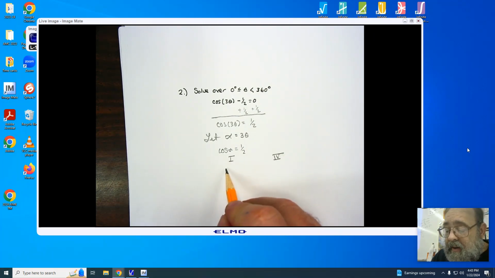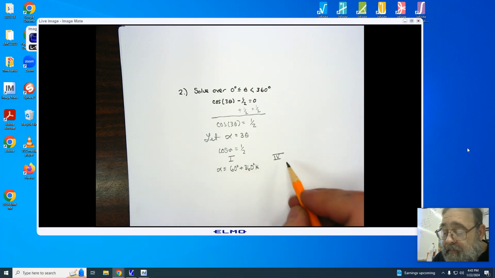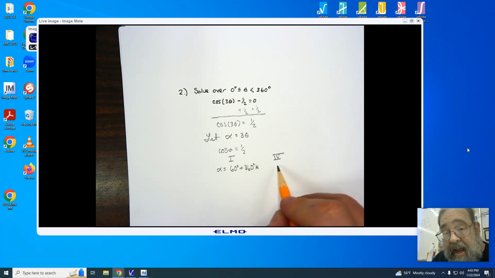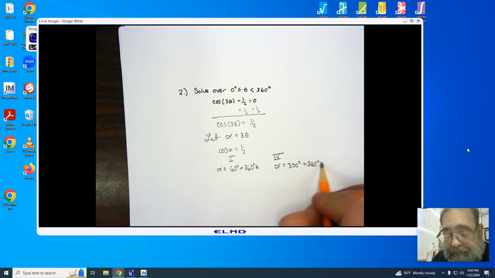And I'm then going to be saying to myself, well, if alpha is equal to my 60 degrees, I want to make sure I add my period, 360 degrees times k. In the fourth quadrant, we're looking at 360 minus 60 degrees, and my alpha is now going to be 300 degrees plus 360 degrees k.